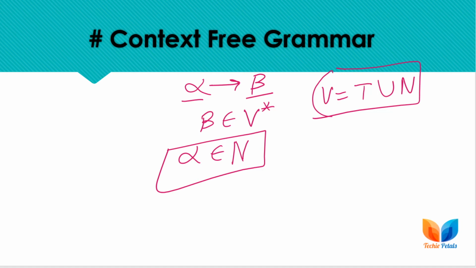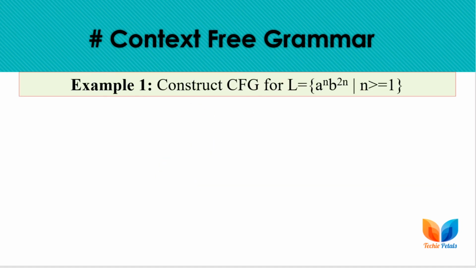Starting with the first example, we have to construct the context free grammar for the given language, a raised to power n, b raised to power 2n, where n is greater than or equal to 1.